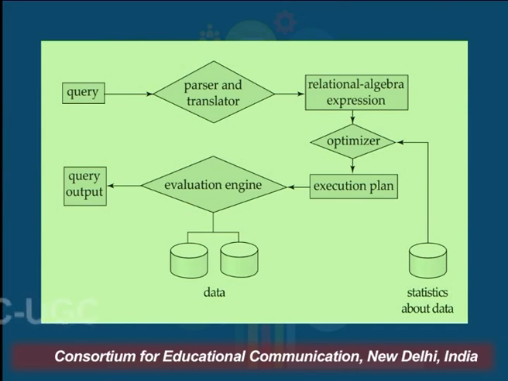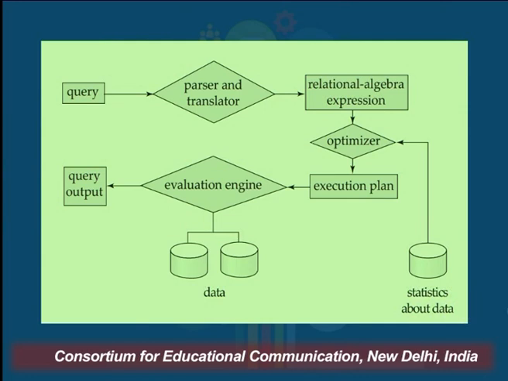Let us say there are two algorithms to execute a particular query, and your optimizer is going to get an input from the metadata, that is, the statistics, not the real data, but the statistics about the data which is available there. What statistics about the data am I talking about? Let us say how many rows are there, is there any index on that, what kind of index is that, and so on and so forth.